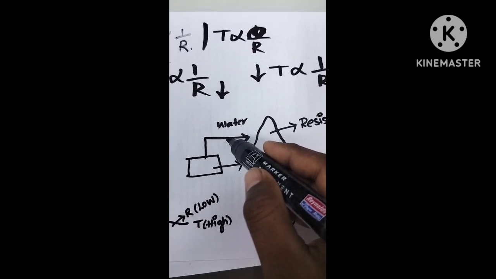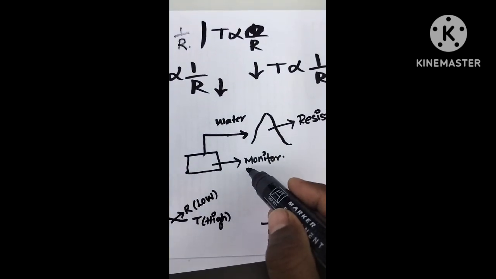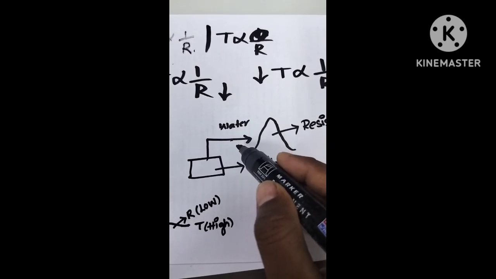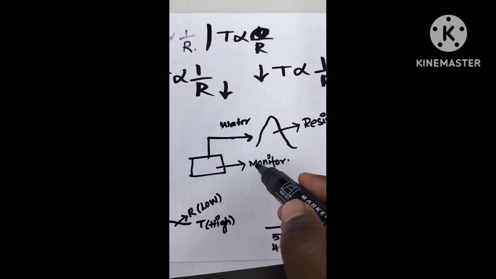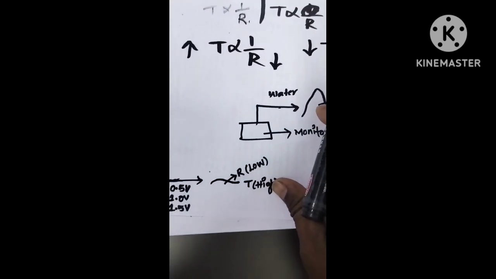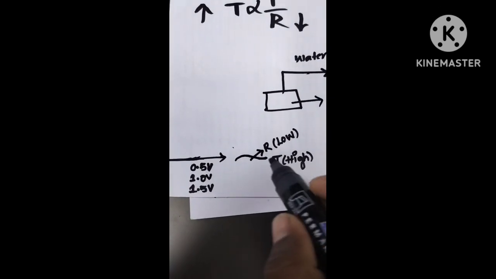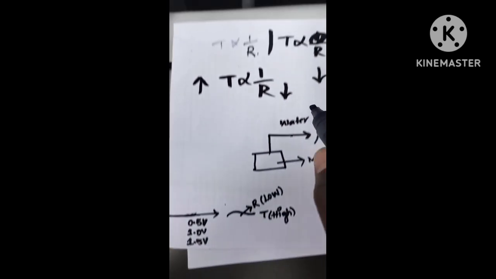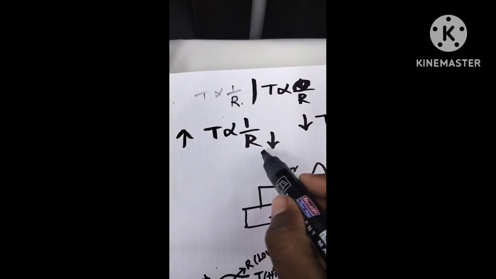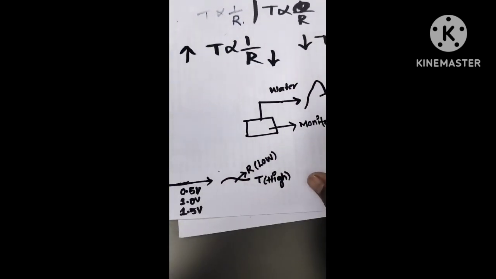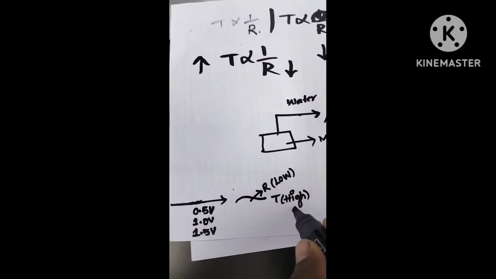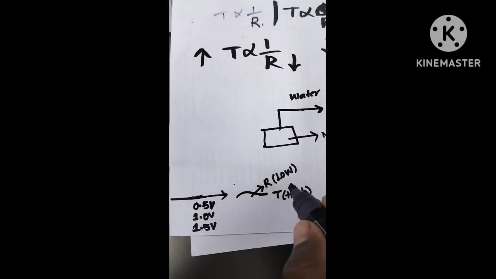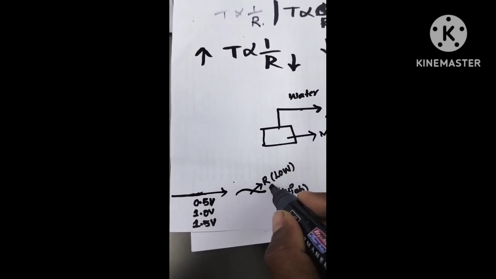This is the example that I indicated with some water and resistance, and there is a monitoring circuit which is monitoring this circuit. When the resistance is low, I already told you, resistance is low, temperature is high. Suppose the engine temperature is high, then the resistance is low.